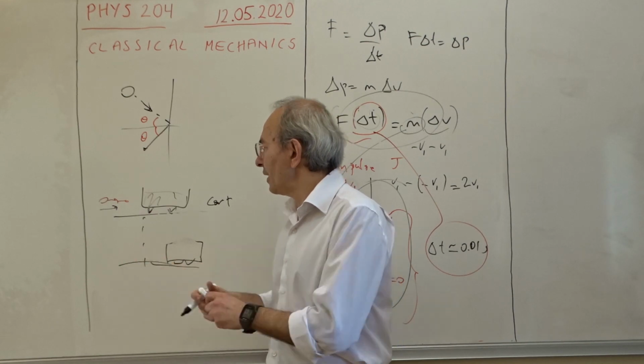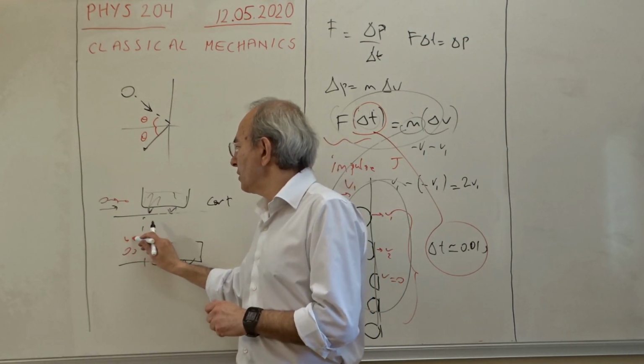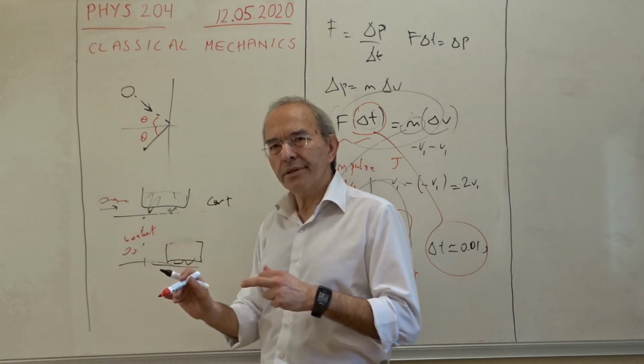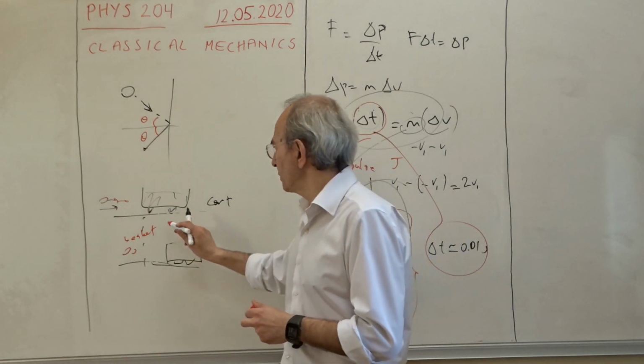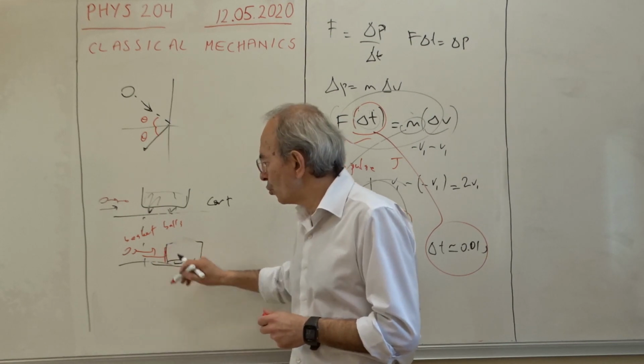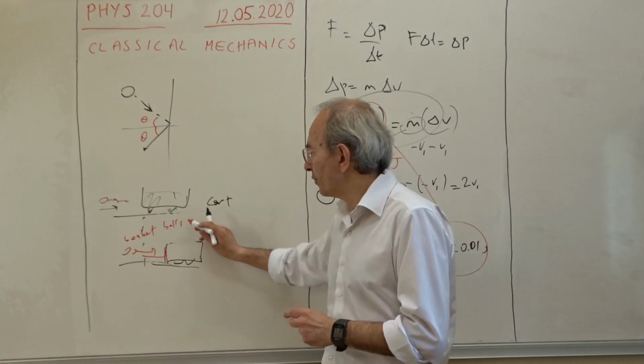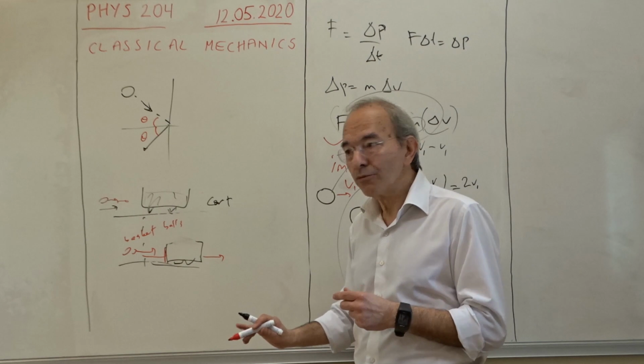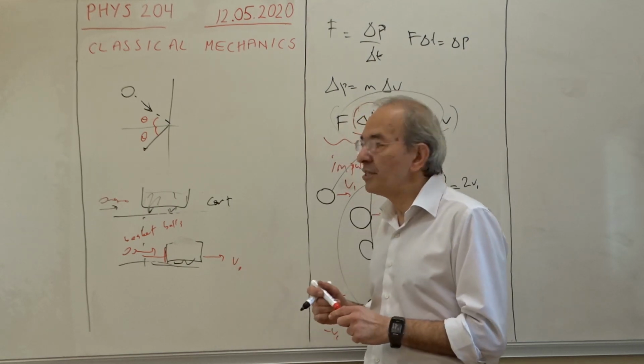Okay? If you send these, let's say, basketballs or any other sufficiently massive particles as a beam onto this surface, then this object, this cart, may start to move with some velocity v0.